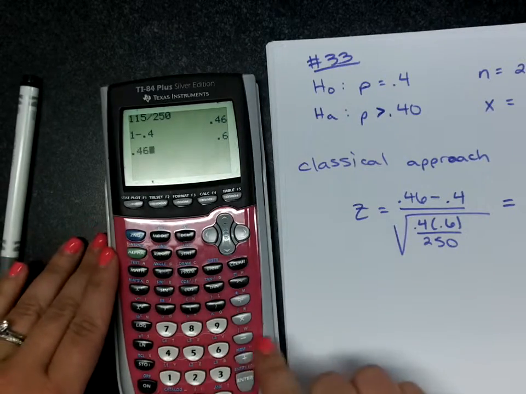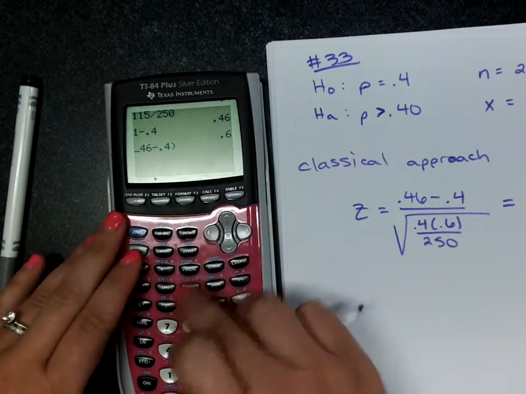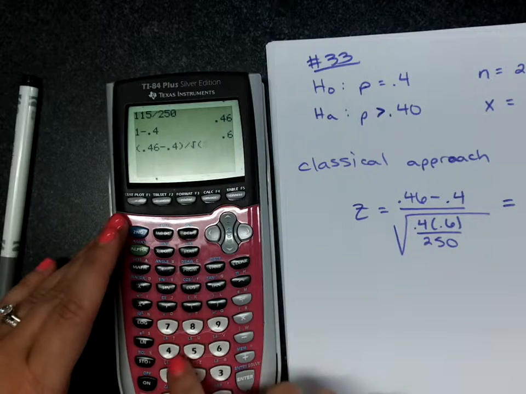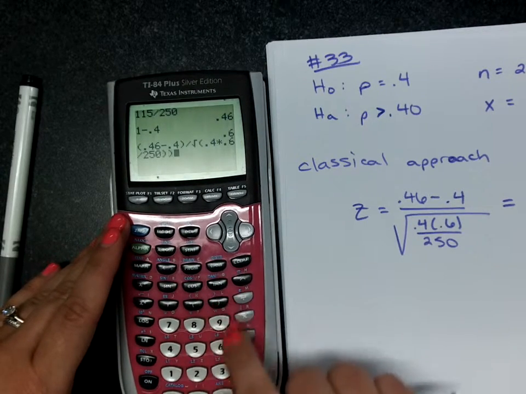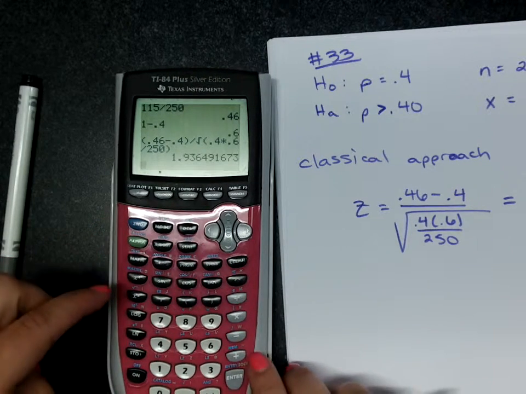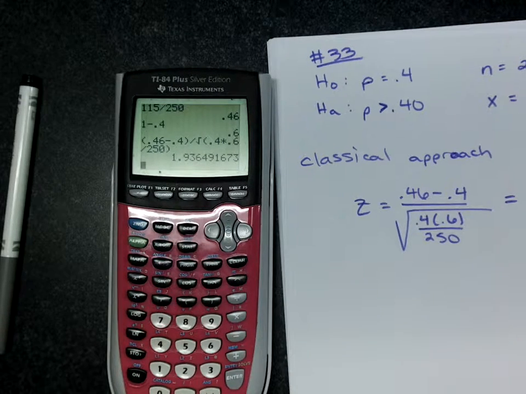So 0.46 minus 0.4, I'm going to put that in parentheses, divided by the square root of 0.4 times 0.6 over 250. If you just put the top part in parentheses and the bottom part in parentheses, you'll get a z-score of 1.936.